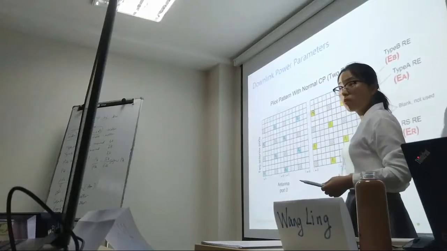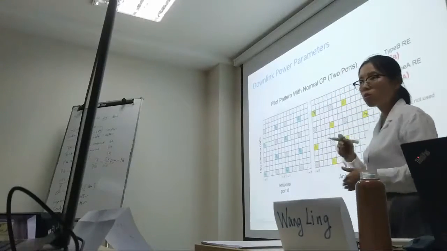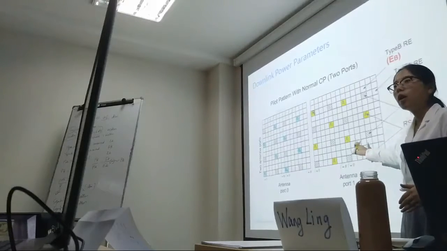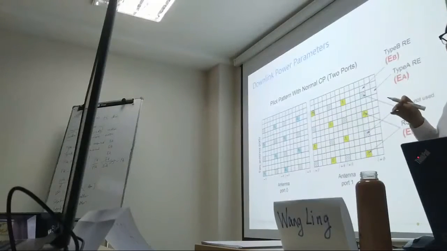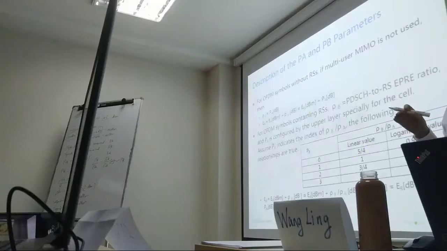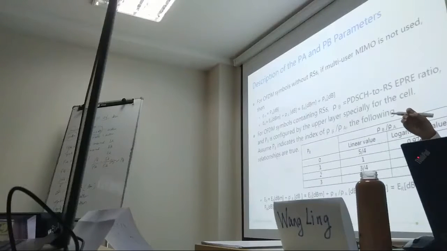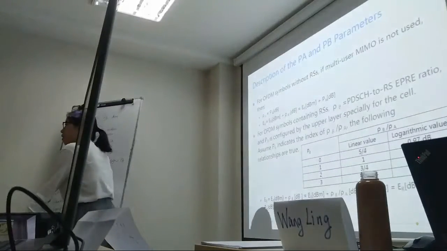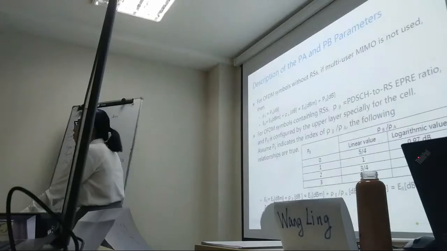We cannot use it for type A. So in order to enhance the power utilization, we hope type A power and type B power have the same value. Only at this condition is the highest power usage, 100%. So for type A and type B with different values, it will generate a different power utilization. We calculate the power utilization as the minimum value.